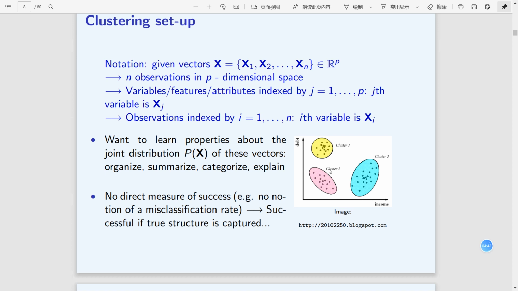So distance becomes a very important measure in clustering. For example, if I have another sample here, we are not sure because it is quite equivalent to each cluster. We will explain later on.